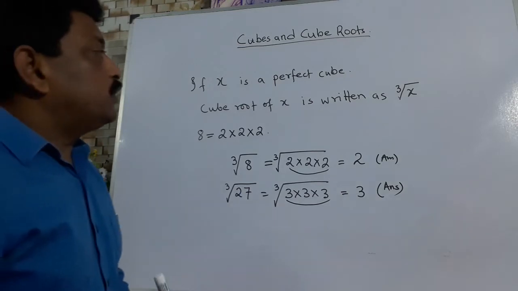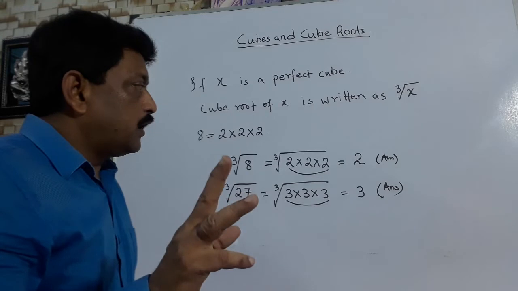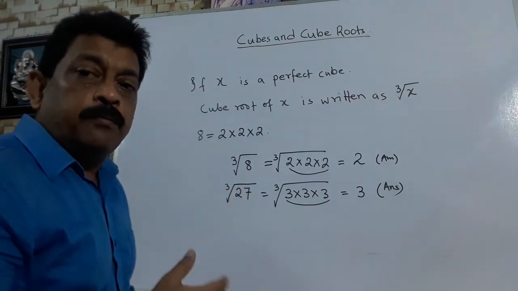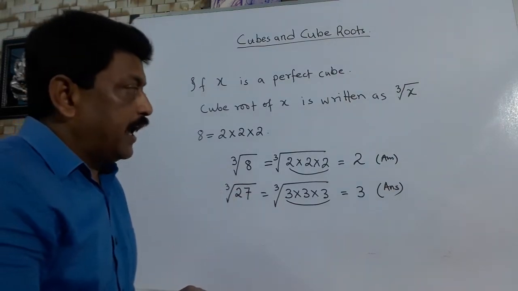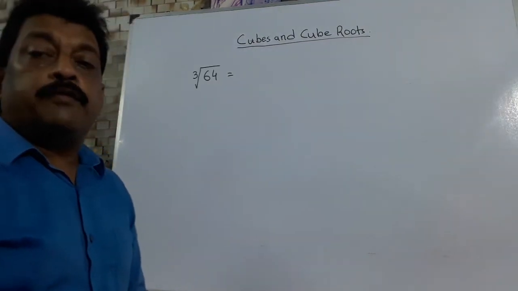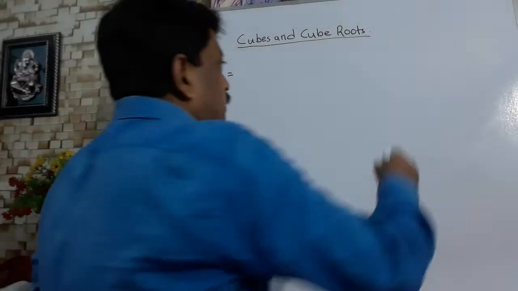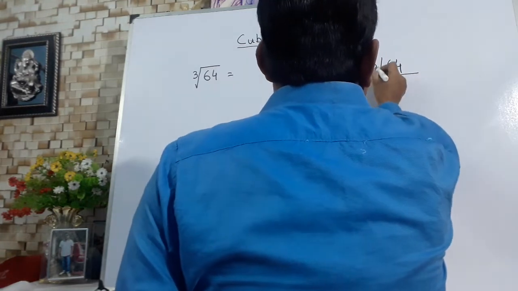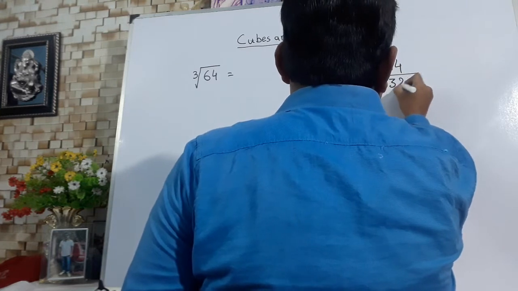So in cube and cube root, to find the cube root, the first and important thing is to express the given number as the product of prime factors. We have to find the cube root of 64. So the first step is to find the prime factors, that means express 64 as the product of prime factors.